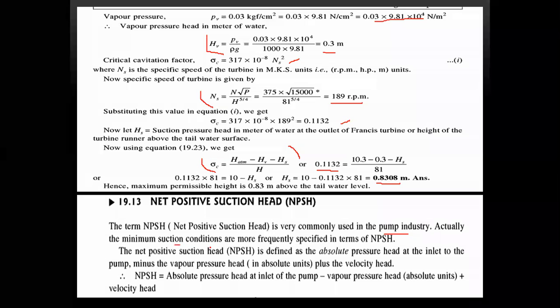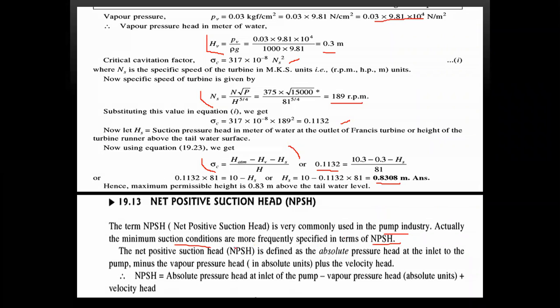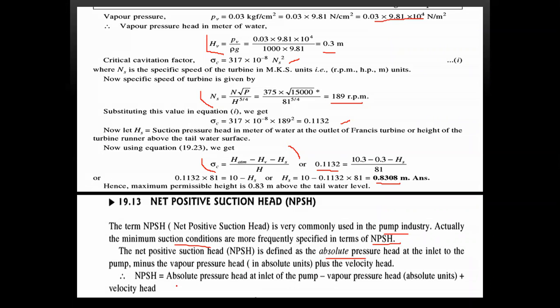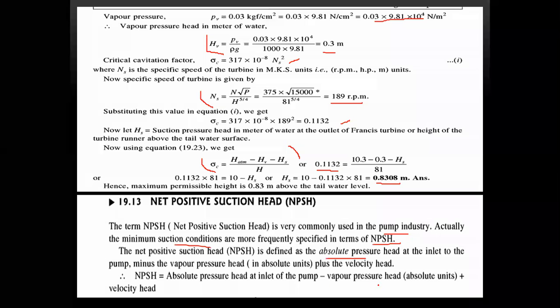Actually, the minimum suction conditions are more frequently specified in terms of NPSH. The net positive suction head is defined as the absolute pressure head at the inlet to the pump minus the vapor pressure head. Now, what is NPSH? NPSH is equal to absolute pressure head at the inlet of the pump minus vapor pressure head plus velocity head.